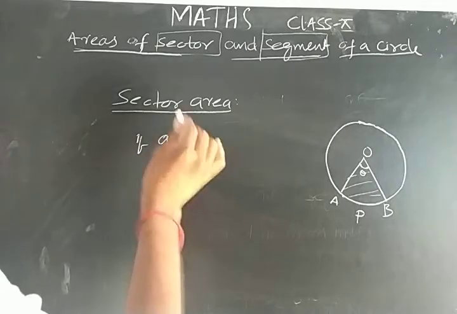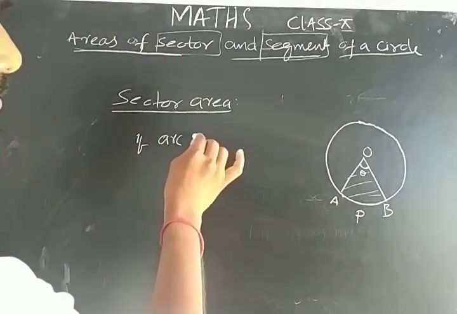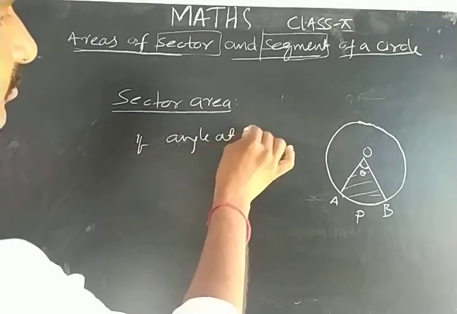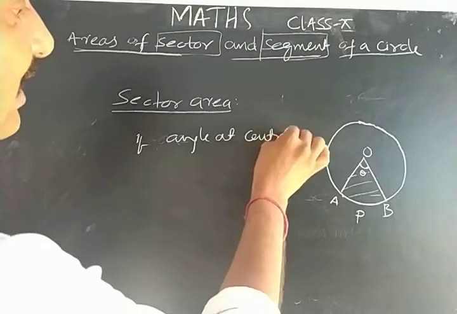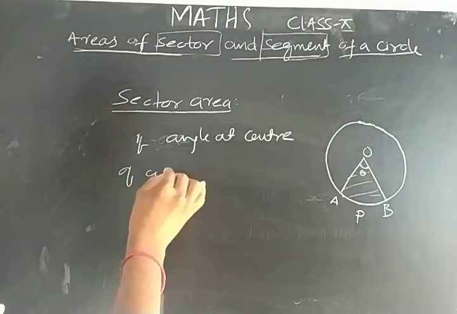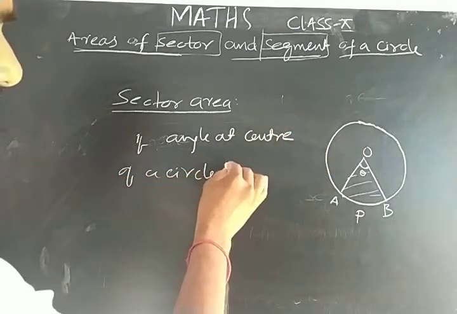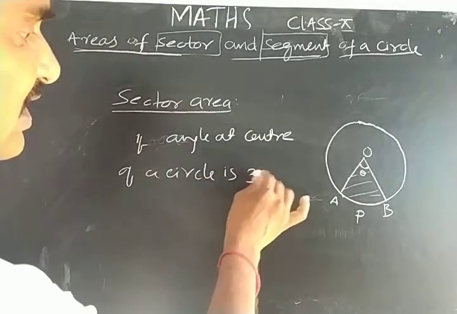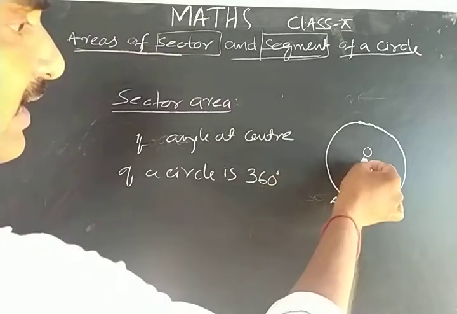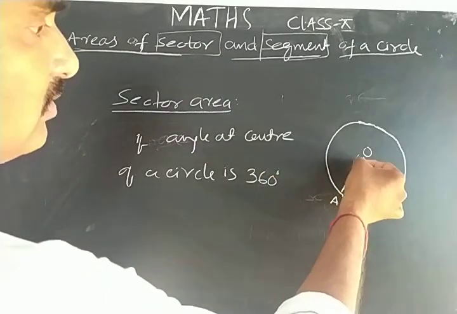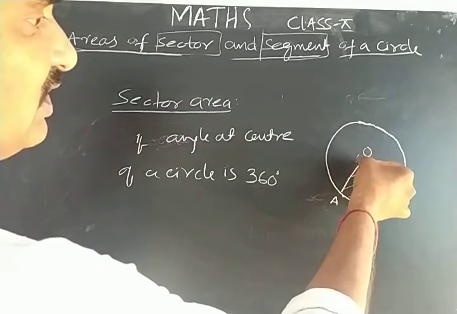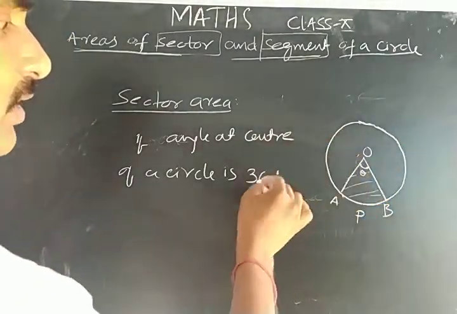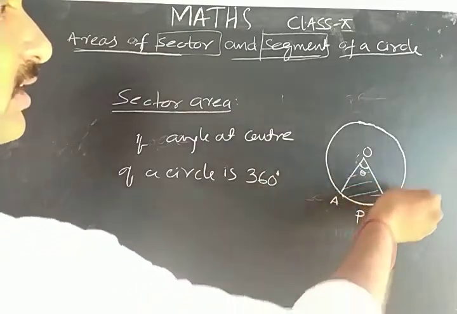If angle at the center of a circle is 360 degrees, like this, total angle is 360 degrees, then you will get the circle only.